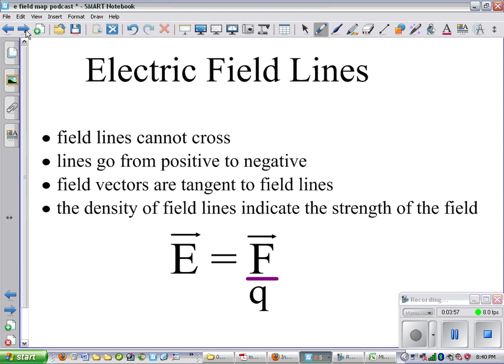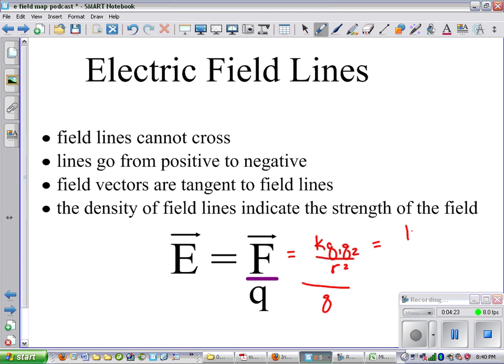Now we are going to draw electric field lines rather than electric force vectors, which is a little bit different. Our formula is F over Q. If you remember the formula for F, that is K Q1 Q2 over R squared over Q. And remember, when you divide fractions, you invert and multiply.